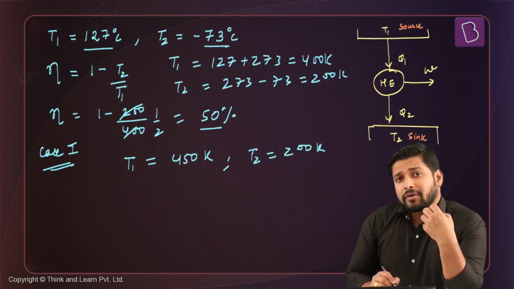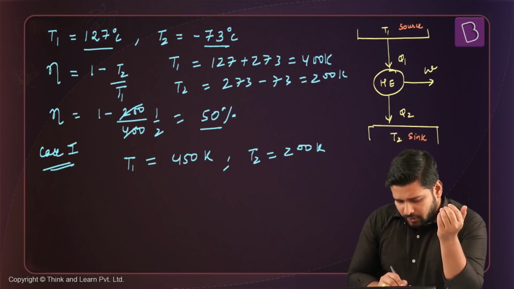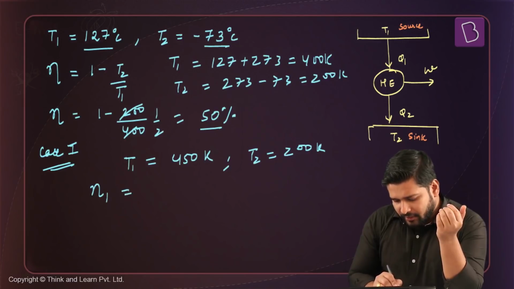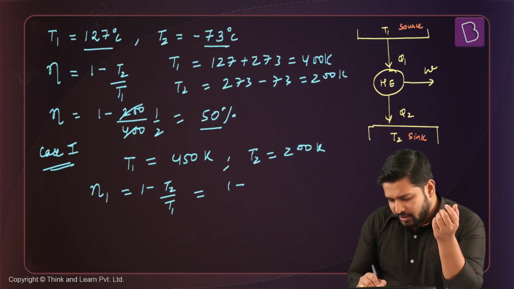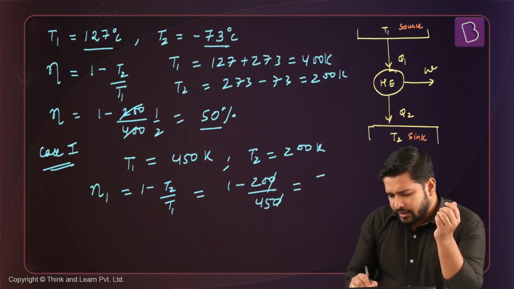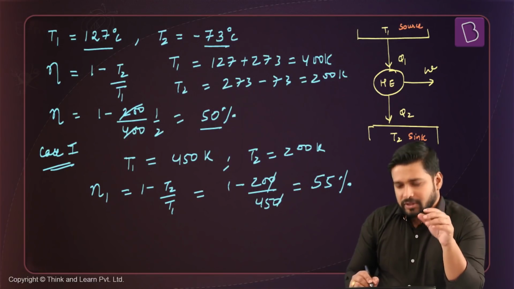Now I have to calculate the value of efficiency again. So in this case, let us say I call it eta 1, which is equal to 1 minus T2 upon T1. And if I again plug in the values, 1 minus T2 is 200 upon 450. And if you just cancel and calculate, you'll get it equal to 55.5%, approximately 55% is what we can take, right?